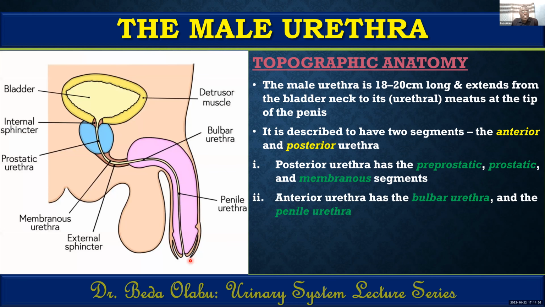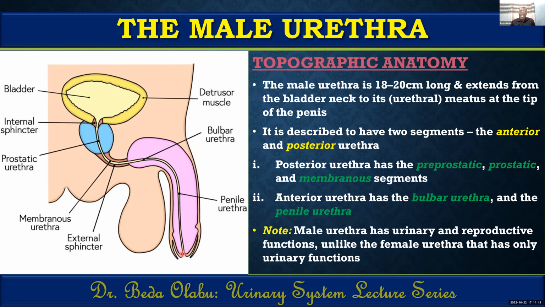So in this image, we see the preprostatic urethra there, prostatic urethra, and membranous urethra. Then we see the bulbar urethra there and the penile urethra there. The male urethra has both urinary functions as well as reproductive functions, unlike the female urethra that has only urinary functions.